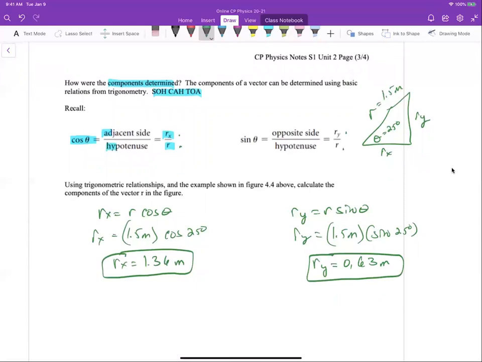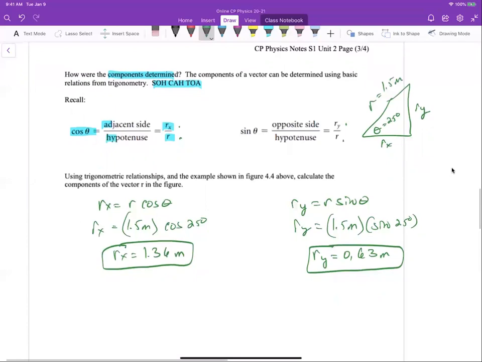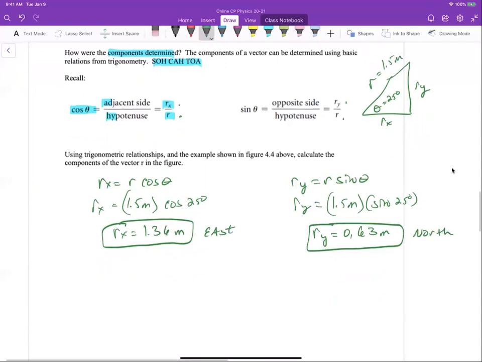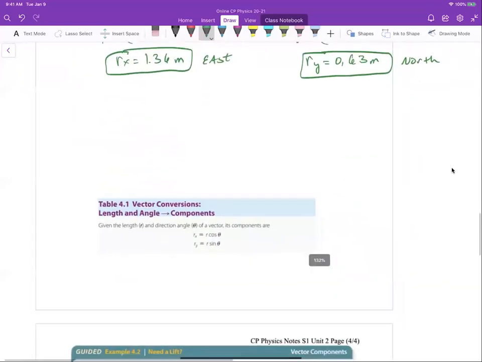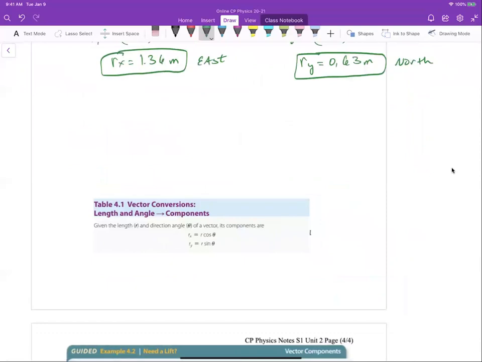A positive 1.36 meters is in the positive direction on the x-axis, and 0.63 meters is a positive direction in y. I could also say east, and this is north. So I've given both directions and magnitude. Notice we have this equation that they've given you.